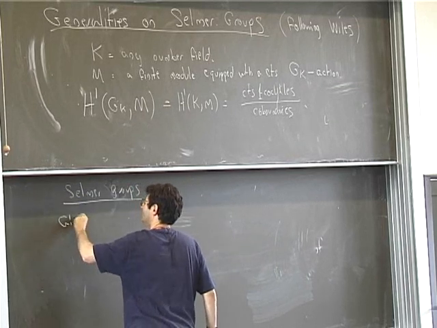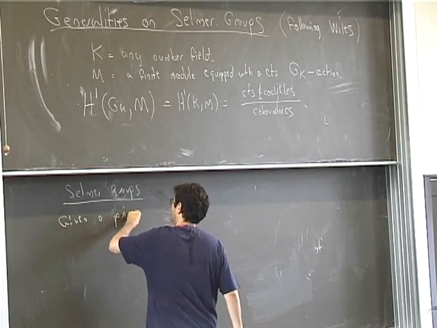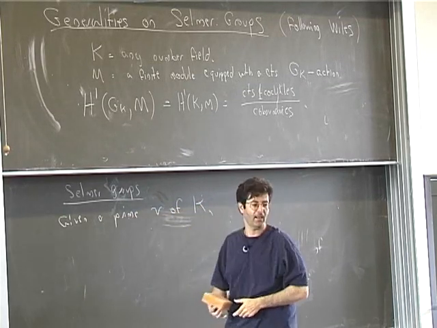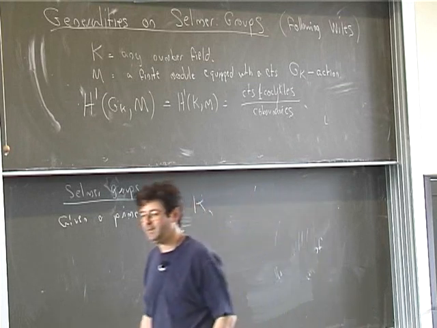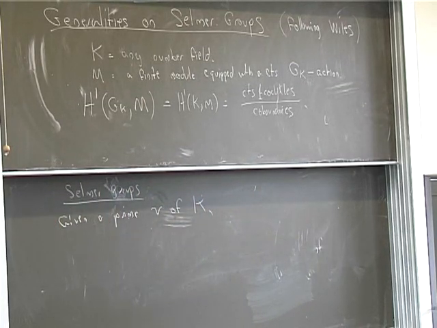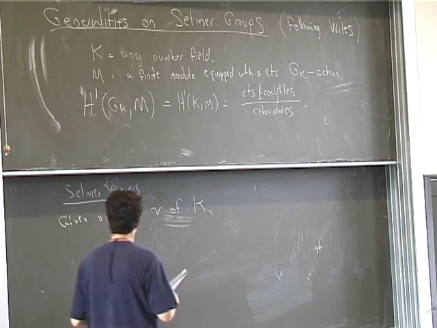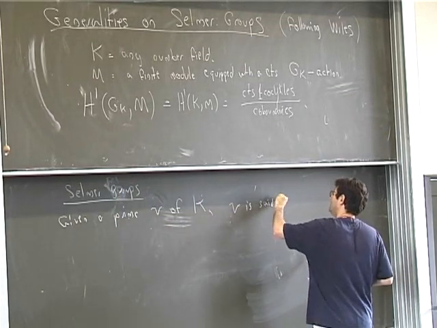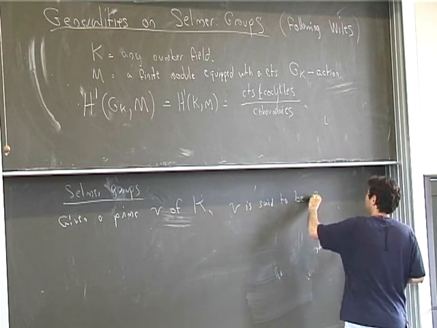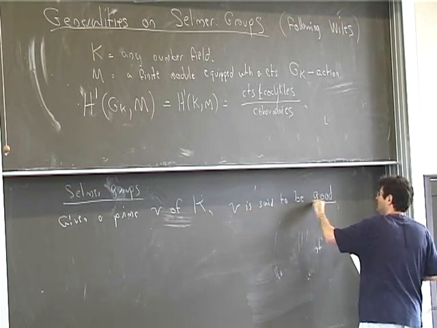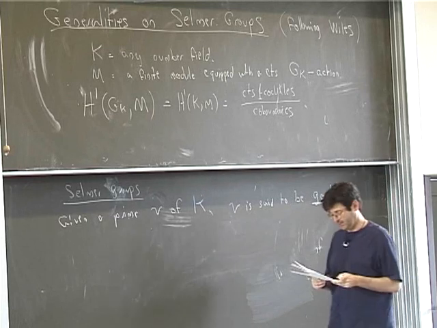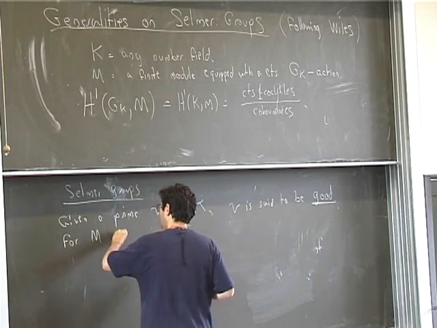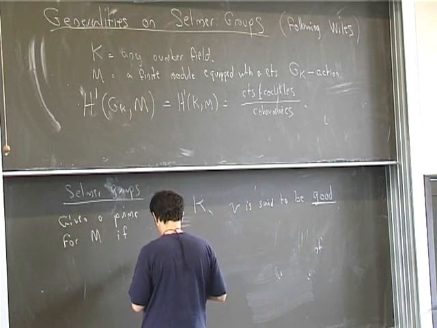Well, given a prime v of capital K, I'm going to say that this prime is good if it satisfies the following conditions. So v is said to be good, but this is not standard terminology. This is just a terminology that I'm introducing for the purpose of these definitions. So it's good for M if the following conditions are satisfied.